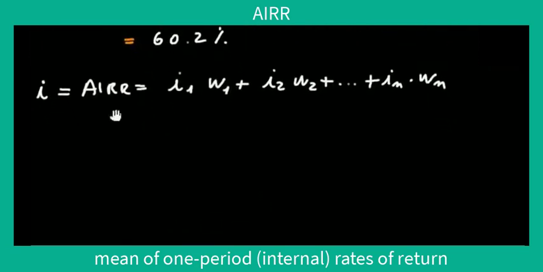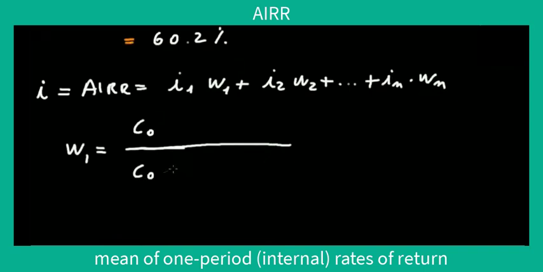The weights are measured as follows. The first weight is the capital invested at the beginning of the first period divided by the total capital invested. The total capital invested is the present value of all the capitals invested in various periods.